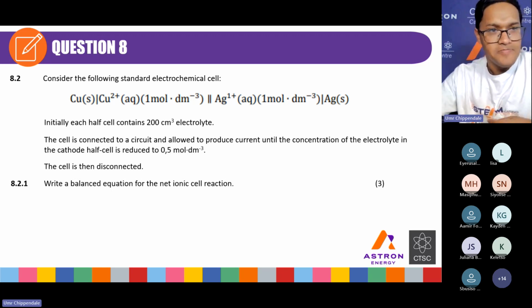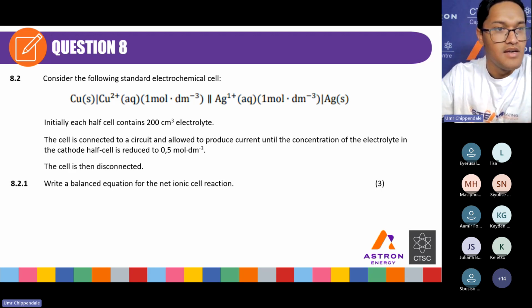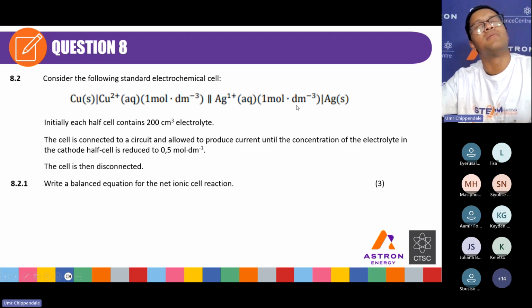So in this case, we are now not just speaking about our cadmium and our nickel that we had. This is 8.2, so it's a completely different section. Here you can see that we were given our copper, and because it's a galvanic cell, we know that was given in cell notation.